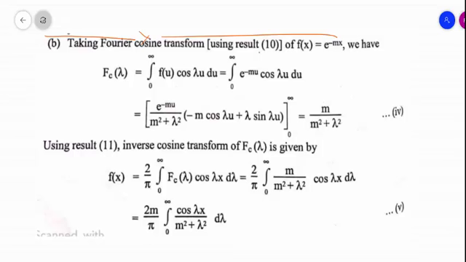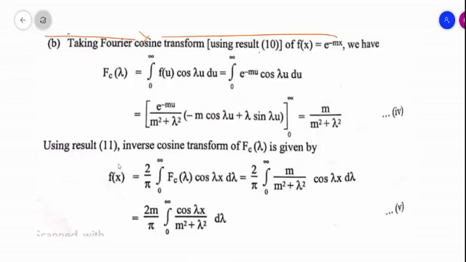So by the definition with the help of the chart, f of x is given as e raised to minus mx. From that we can easily find f of u is e raised to minus mu.